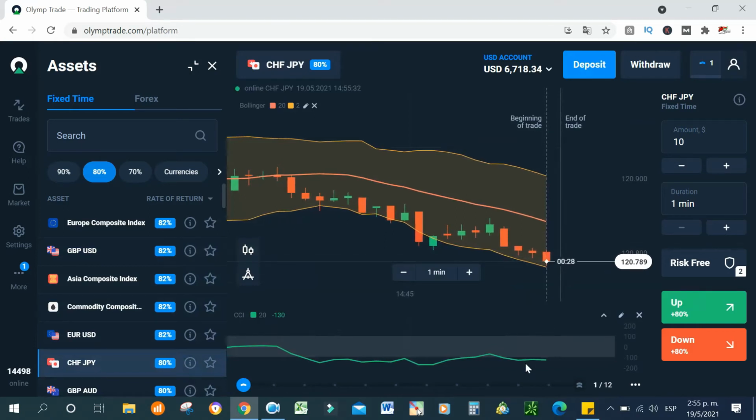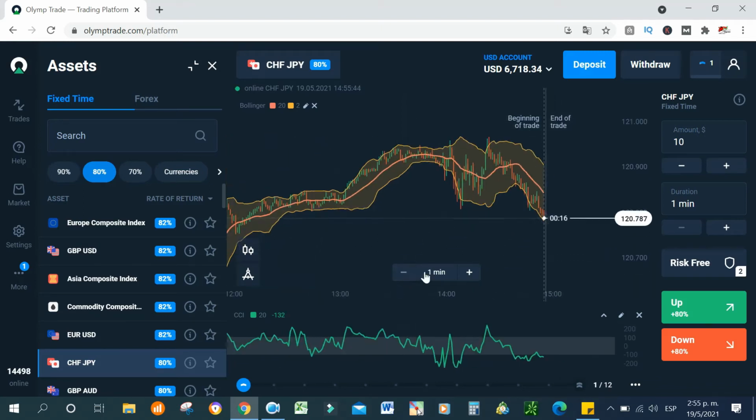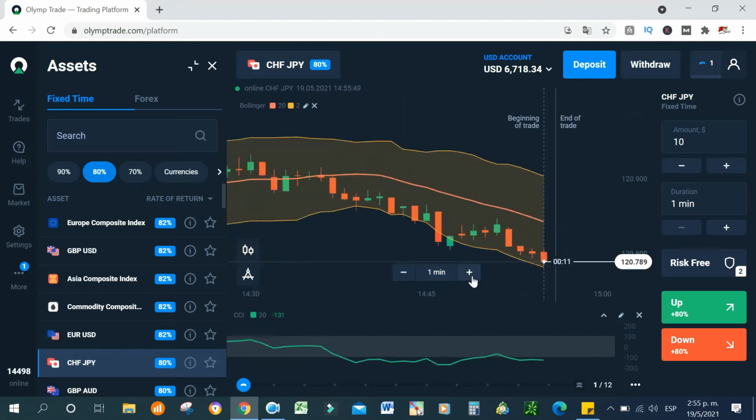this is an opportunity. As you can see, we have the CCI in the oversold zone, and we also have the price touching the lower Bollinger Band. So as simple as that. You can also combine this technique with price action.